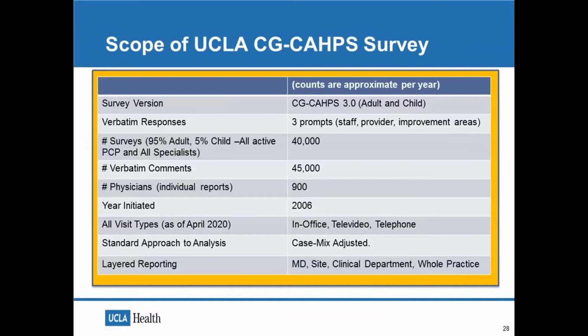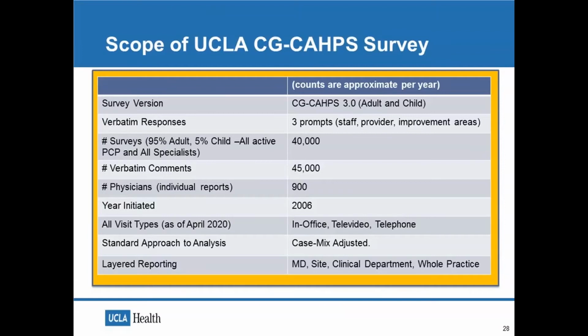This gives you a little bit of the scope of our use of the CAHPS survey. We're currently using a standard CG CAHPS 3.0. We use both the child and the adult version. We have added 3 verbatim prompts that relate to staff, the provider, and general areas for improvement.